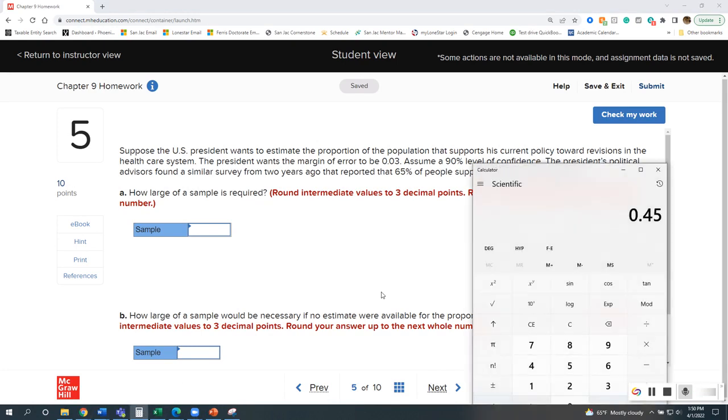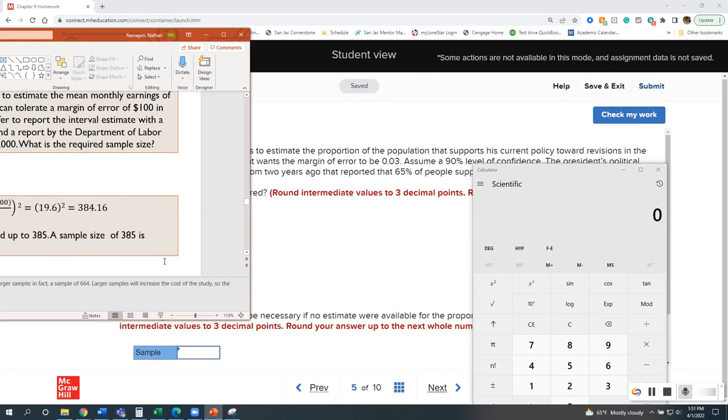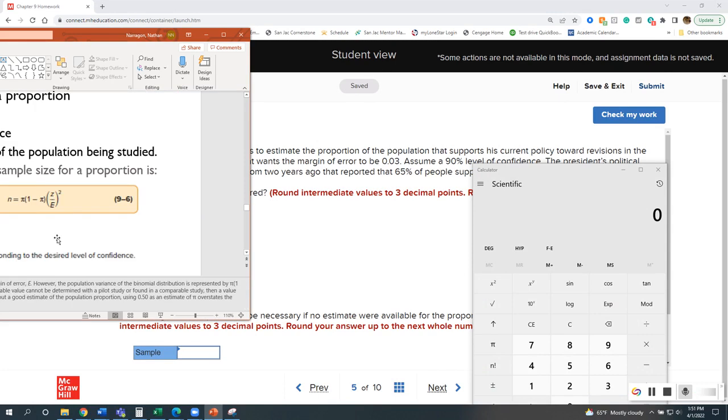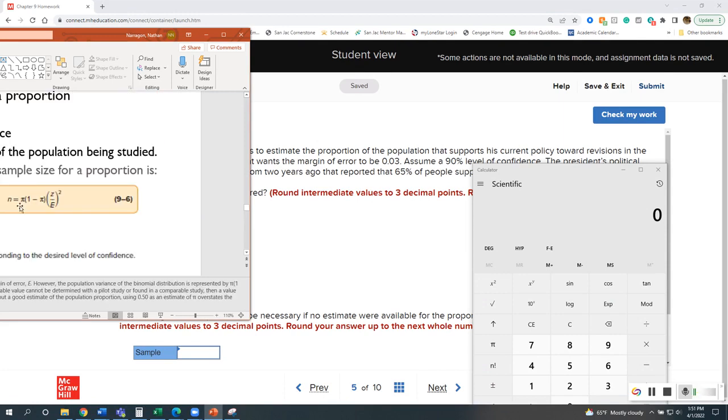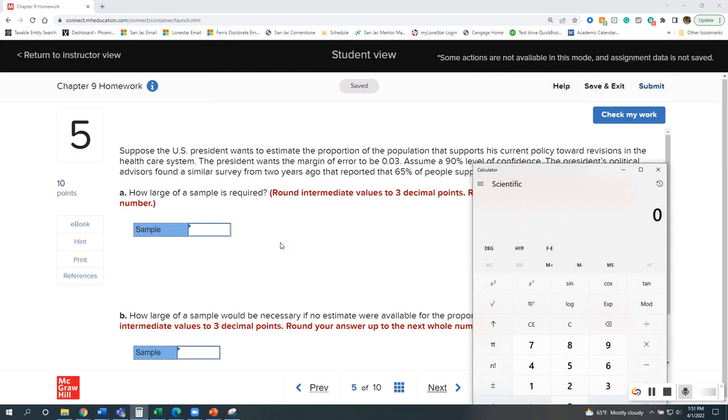Use the formula. 0.65. Actually, I'm going to show you the formula so you know where I'm at. It's this formula right here. Okay, so this is where we get our formula. So z value, we're going to start with that, 1.64, divided by our margin of error, which is 0.03. We're going to square it.